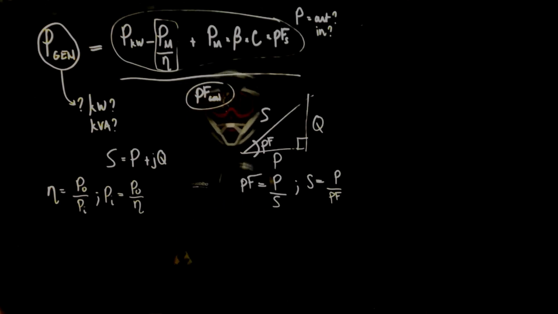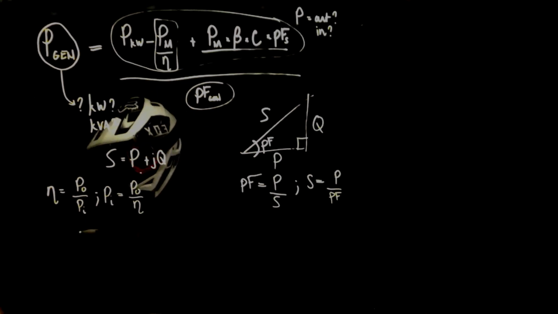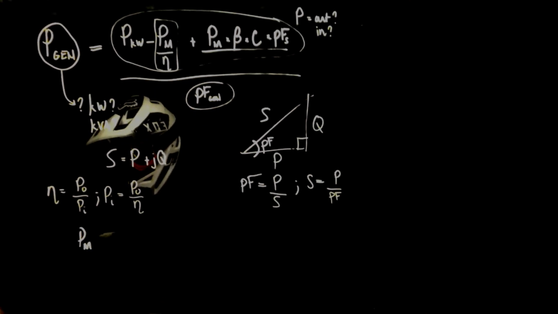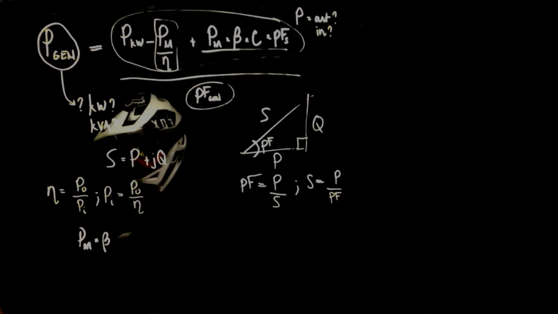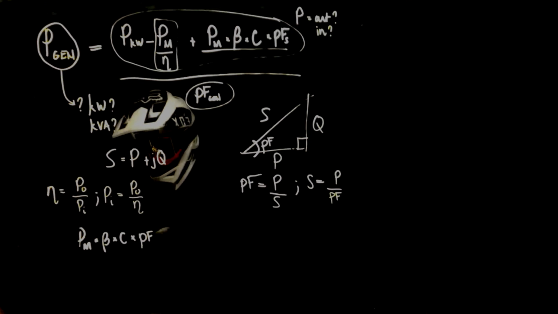Alright, so if you notice this part, PM multiplied by beta times C times the starting power factor.